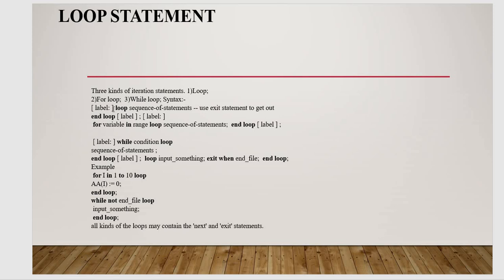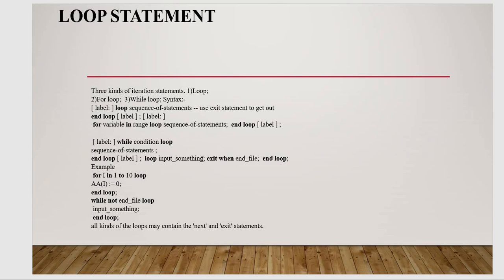For the first, the syntax is loop, with a label, a sequence of statements, and maybe you can directly use an exit statement to get out, then end loop and label. In the case of for, for some variable in a range, then loop, a sequence of statements and end loop. In the case of while, there will be while, a condition, then loop, again a sequence of statements, and end loop and label. The label at the beginning and the label at the end, something like this.